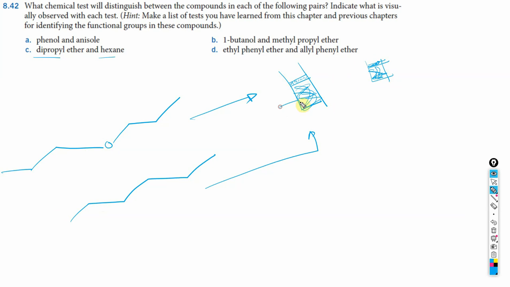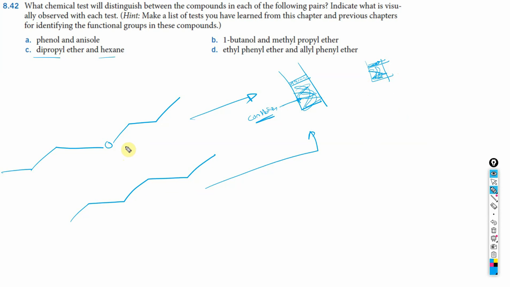But if you add a small amount of concentrated sulfuric acid to this in water, so if you have the medium which is fairly acidic, then the ether is going to dissolve in water at that concentration of acid, whereas hexane is not going to dissolve in water no matter what.